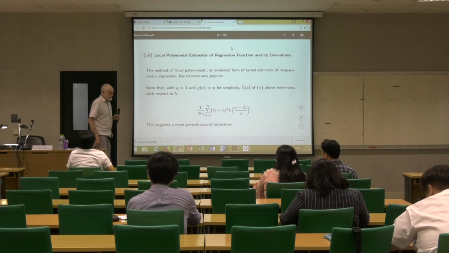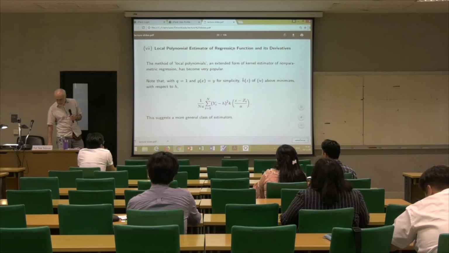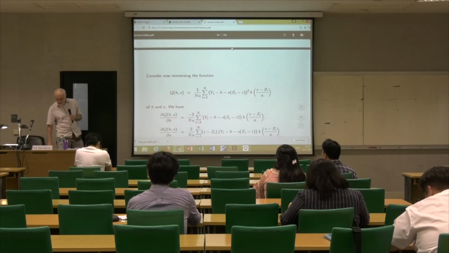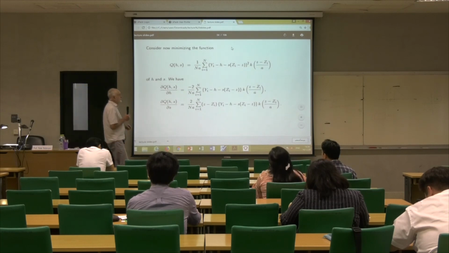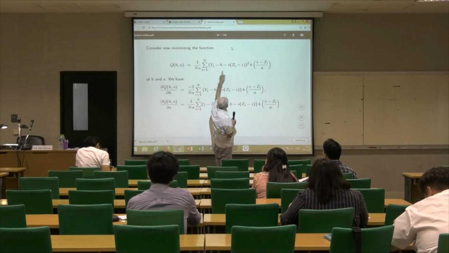But if you look at this, this might suggest a more general class of estimates. If you think about now putting in another term here, in addition to the minus h, a kind of linear term.